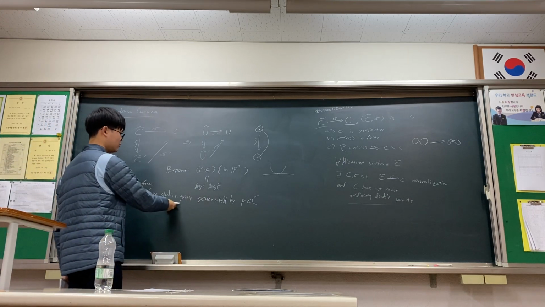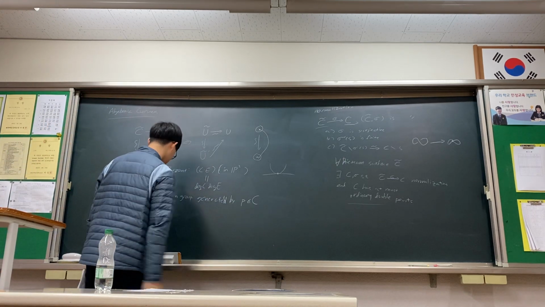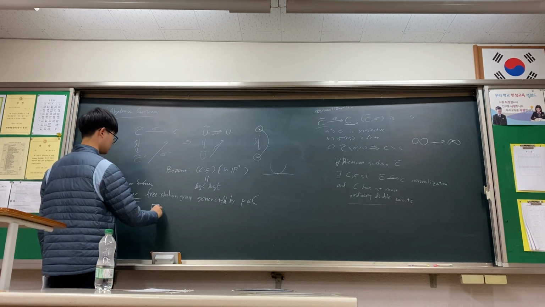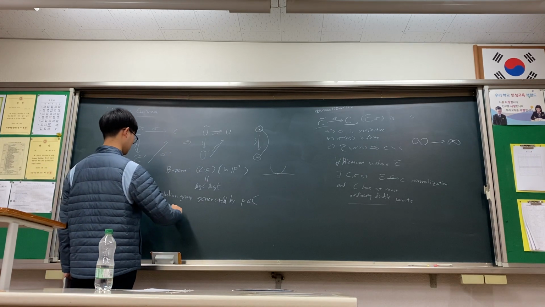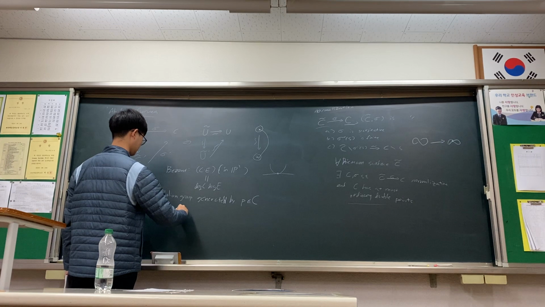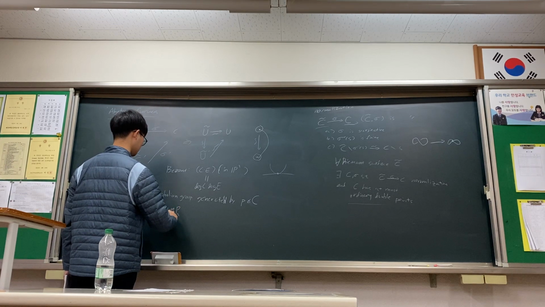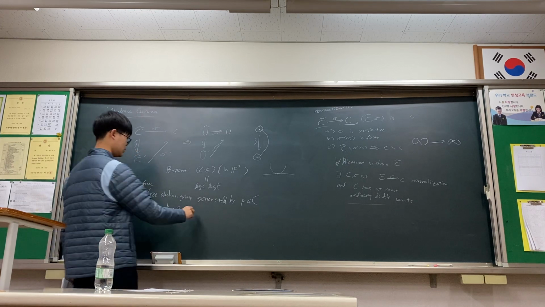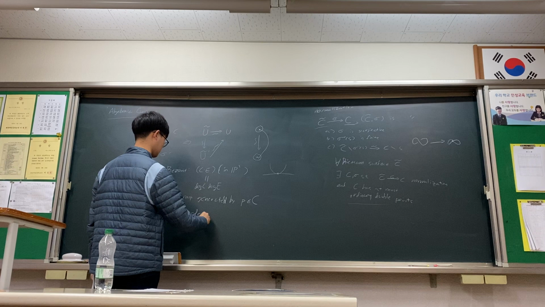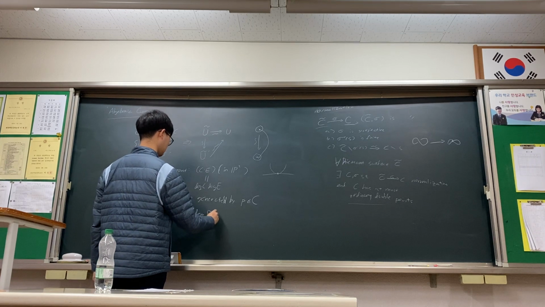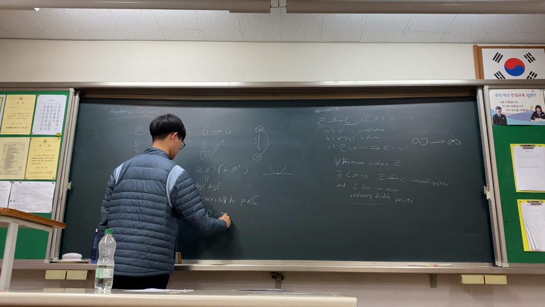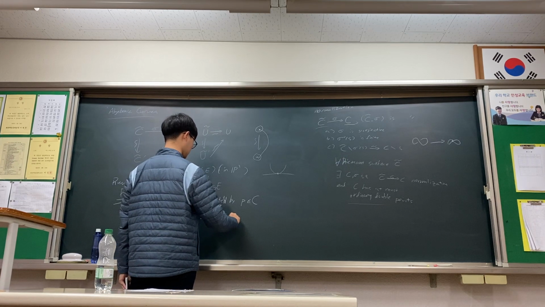So we say a divisor is a free abelian group generated by the points P in C. Typically it's written as D equals the sum of m_i P_i, with finitely many terms, so i goes from 1 to k. And we say the degree of D is the sum over i of m_i.